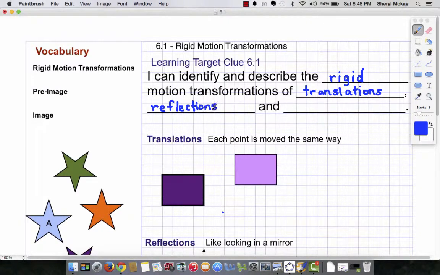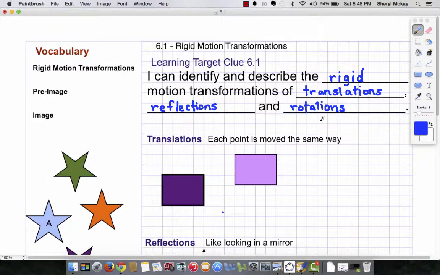And the last one is rotations. So these are 3 different types of transformations that we're going to learn how to identify and describe. All right? So I can identify and describe the rigid motion transformations of translations, reflections, and rotations.